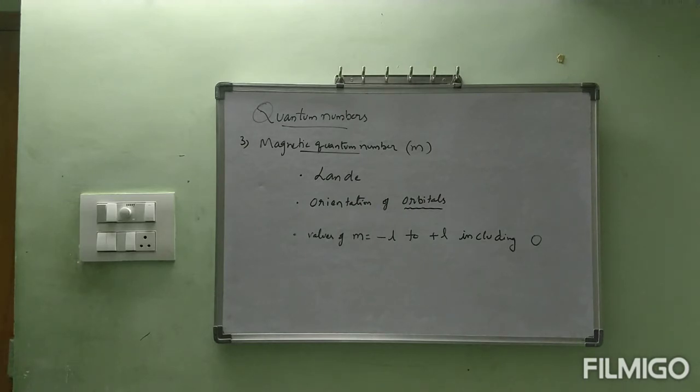Magnetic quantum number is represented by small m, proposed by Landé. It mainly discusses the orientation of orbitals. Values of m are from minus l to plus l including 0. Now we will take shell wise how to write these m values.